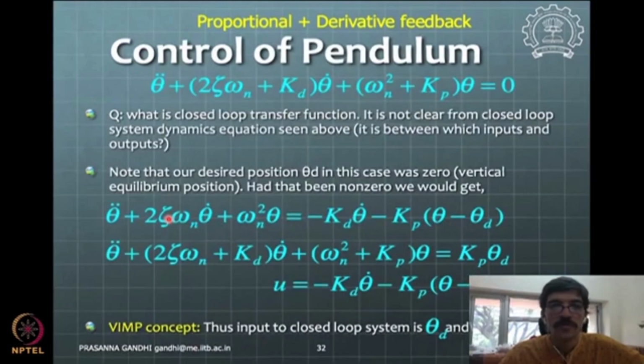So let's move on from here to the other example. You can get more details. If theta desired was not 0, then we have some difficulties here.